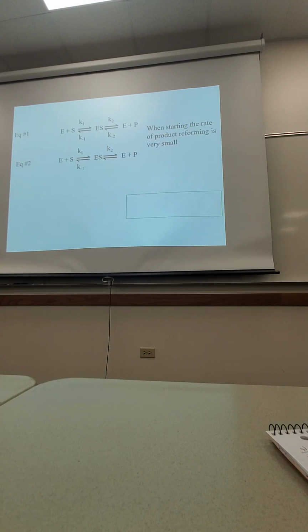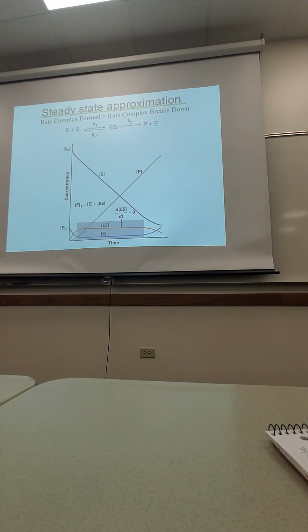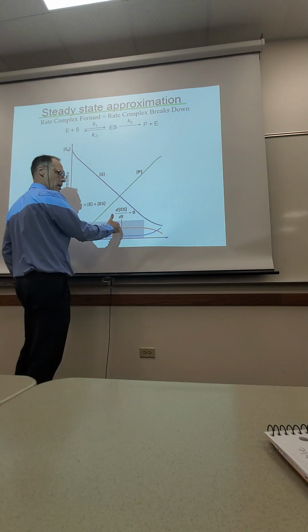Does everybody kind of feel like you understand steady state? Wait, so is the important part of steady state that the enzyme substrate complex formation and breakdown are equal, or is it that there's not a buildup of product? Because one side is K1 and K negative 1, the other side is K2 and K negative 2. Yeah, so we will take it so early on that it won't matter.